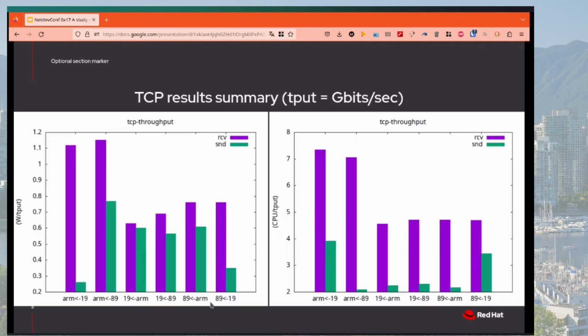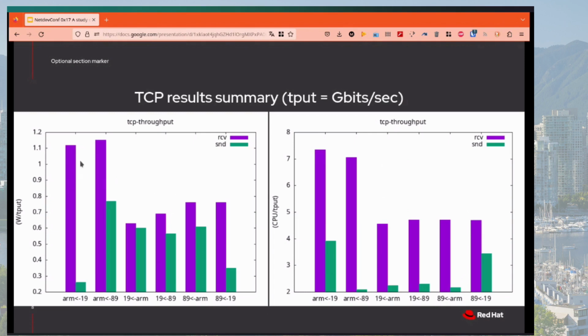So now some quick graphs to have an overall idea. Here we have a very visible difference. This is the effect that I was talking about. This is all the combinations that the tests were done. Netdev 19 sends the traffic to Netdev 89. This is the power consumption when sending and power consumption when receiving.